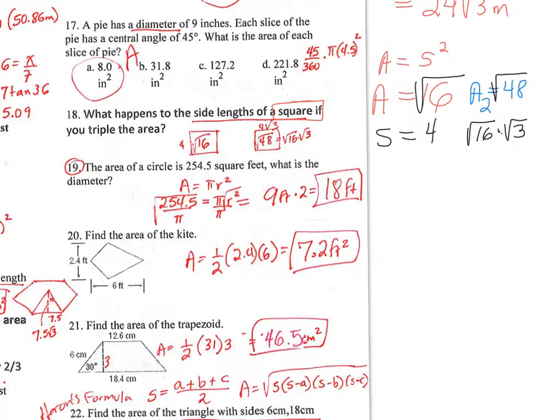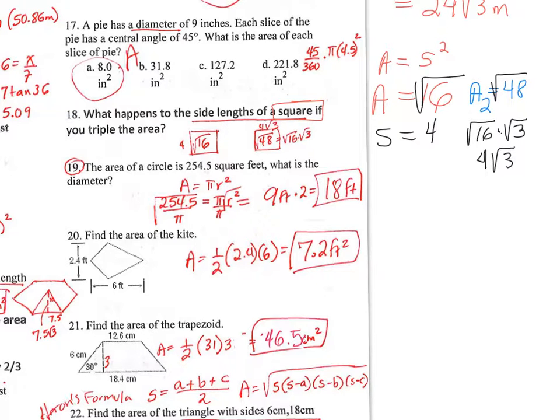The square root of 16 is 4, and square root of 3 stays like that. So if I look at both sides, what happened to the length of the side? Well, it's multiplied by square root of 3. So in this case, you just have to work with two areas and figure out the length of the side so you can compare the sides.